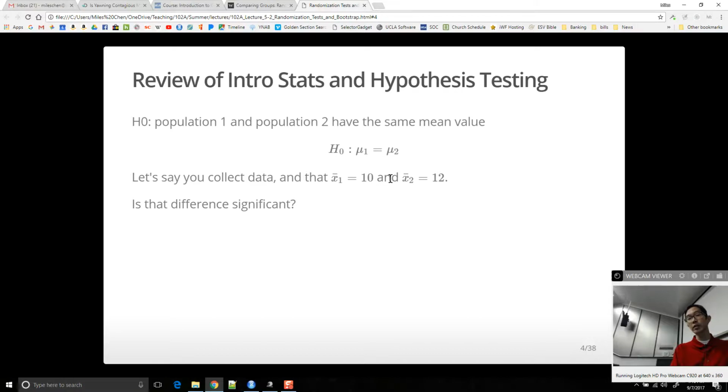We ask, is this difference of 2 points significant? What is the key piece of information that we need to know in order to answer whether this difference of 2 points is significant? There are a few key pieces. What are they?